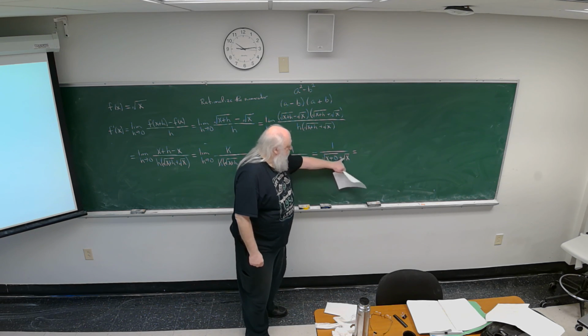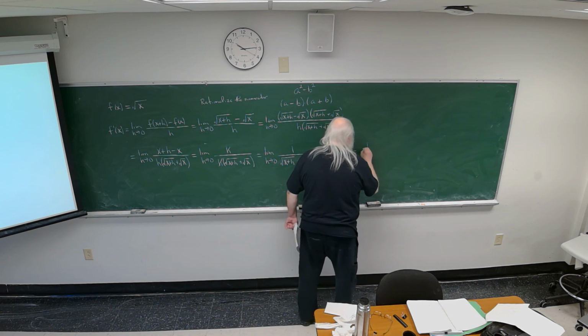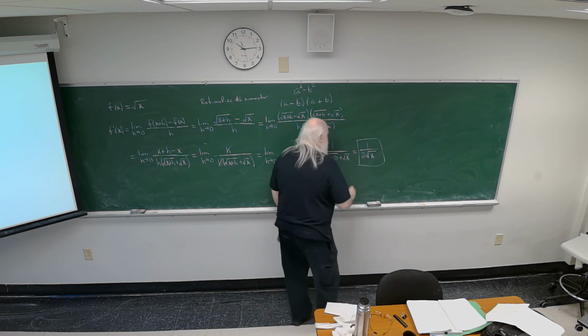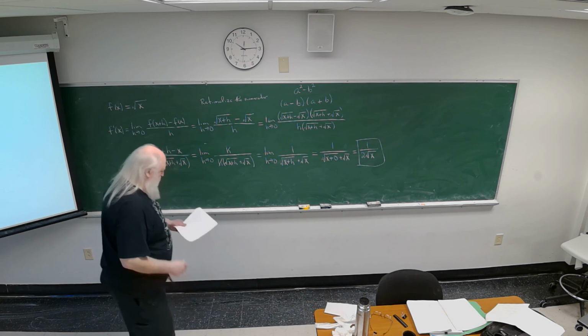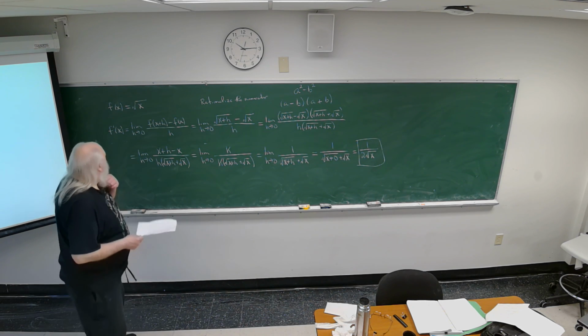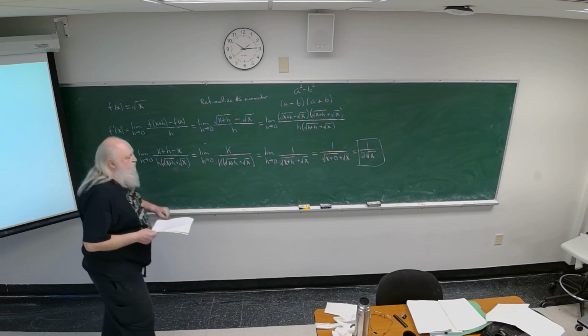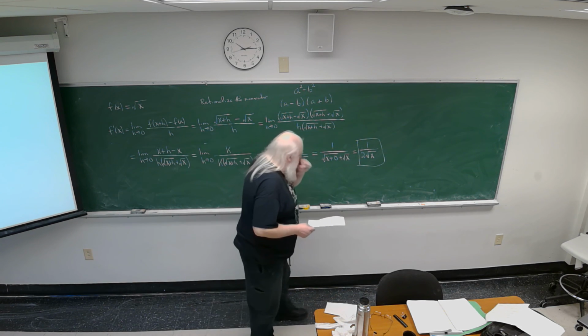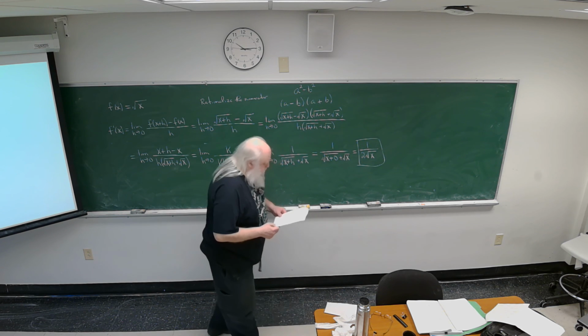Square root of x plus square root of x is 2 times the square root of x. And this is equal to 1 over 2 times the square root of x. So f prime of x, the derivative of f of x, is equal to 1 over 2 times the square root of x.